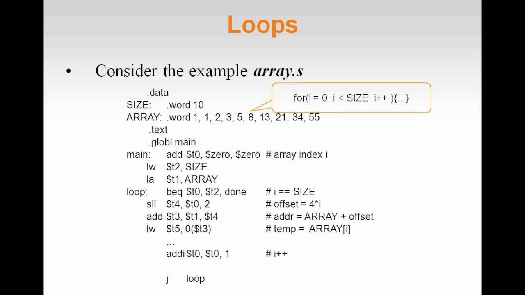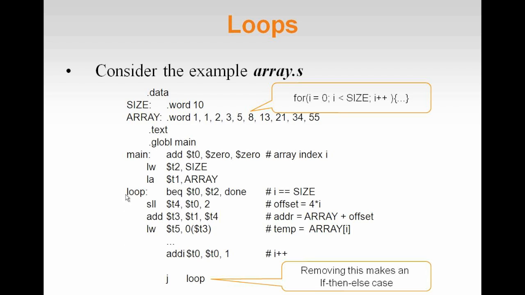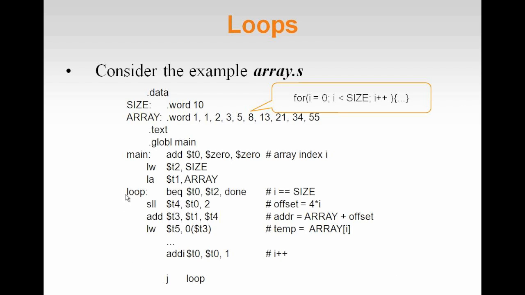The index in T0 is incremented there, and after this the program executes this instruction, which sends the control back to the instruction pointed out by the loop label.